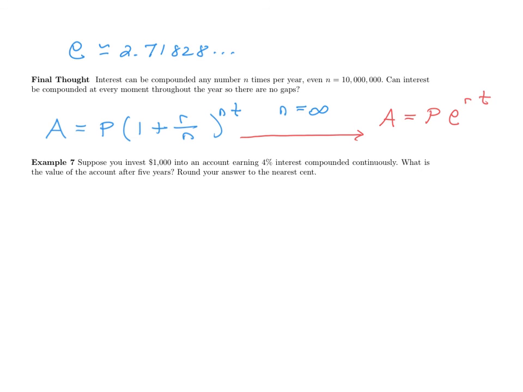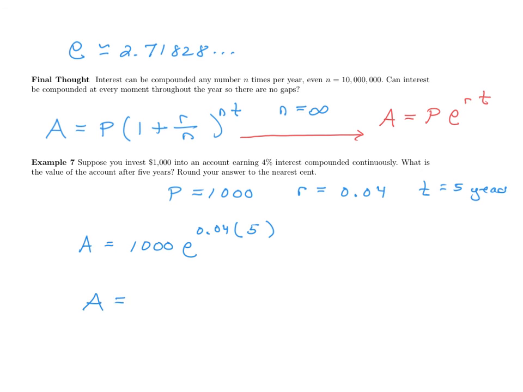Well, the way this works is the principal is $1,000. The annual interest rate as a decimal is 0.04, but that's it. Everything else gets plugged into this formula. A is equal to 1,000 times e to the 0.04, and we multiply that percent by the number of years, which in this case was 5. T is 5 years.